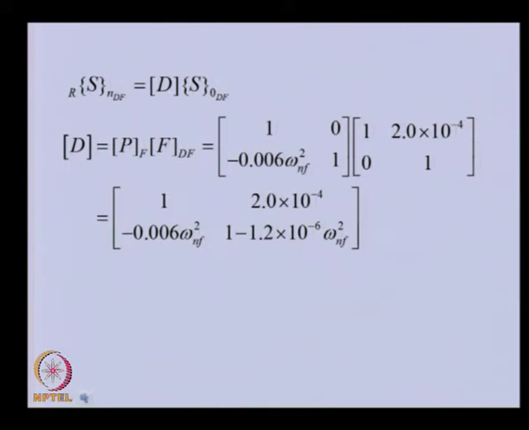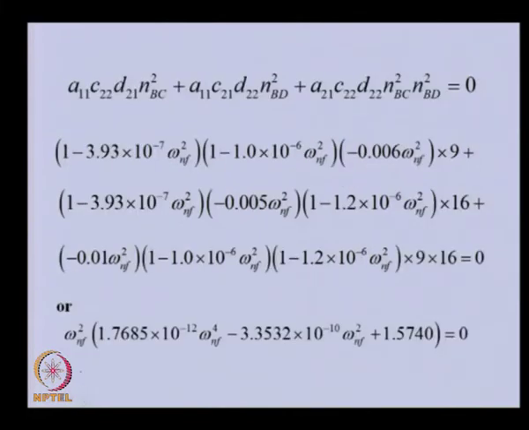Now, the frequency equation which we derived earlier was of this form for 3 branches, and these are the various components of the matrix. So, this is the A matrix, first row first column, this is the C matrix, second row second column, like this.